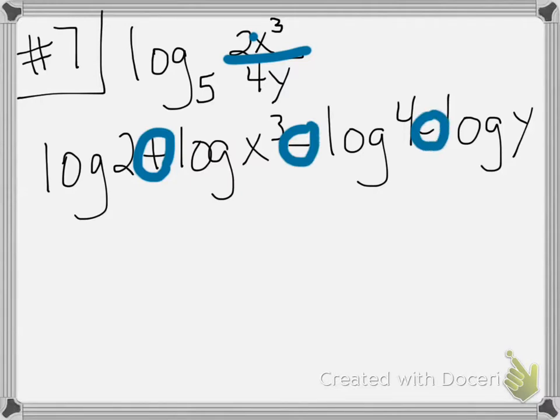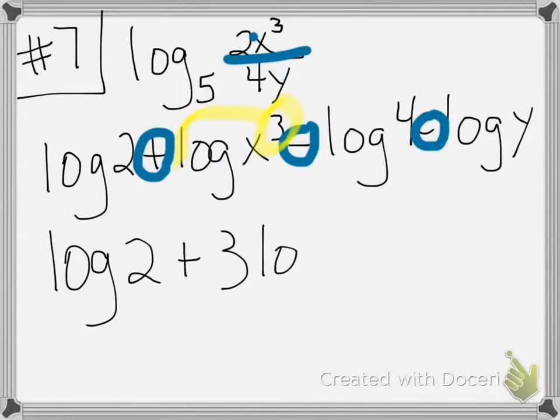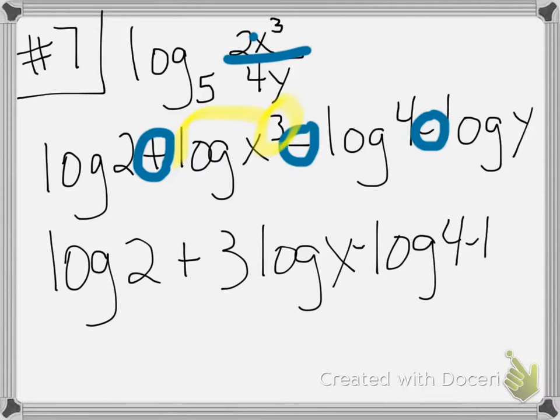Now the next thing you have to look for is, is there an exponent that has to be moved? And there is. There's a 3 right there. So when I work that out, I'm going to have log 2 plus 3 log x minus log 4 minus log y.